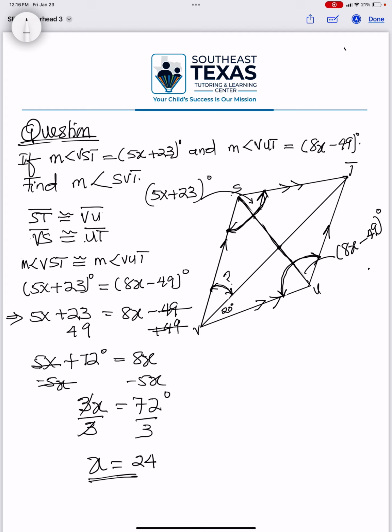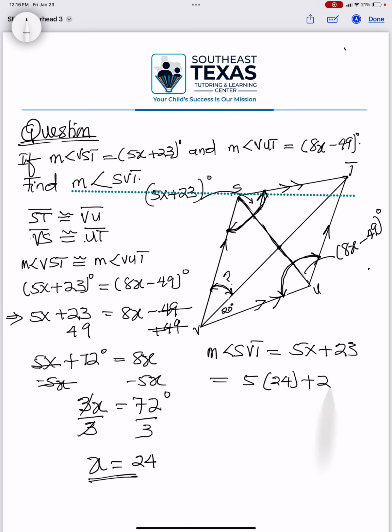So now, let's put the value of x at the angle at S. At angle SVT, we have 5x plus 23. This implies we have 5 instead of x, we put 24, plus 23.